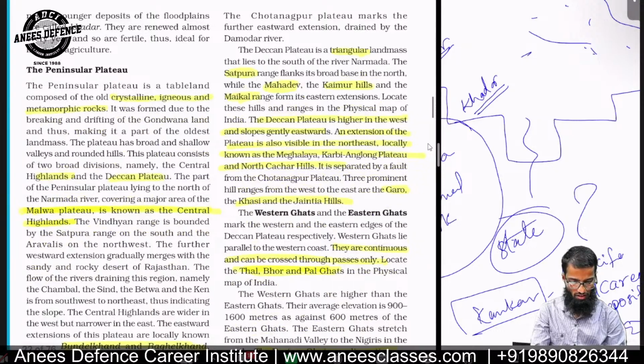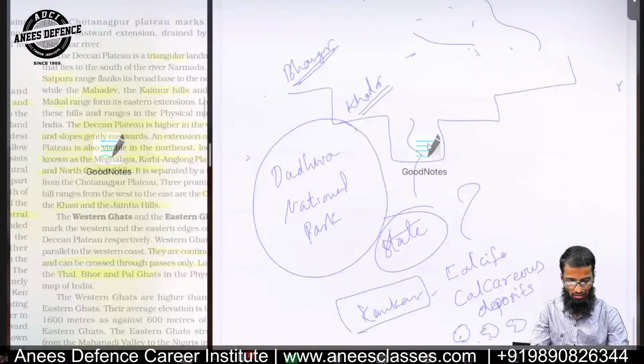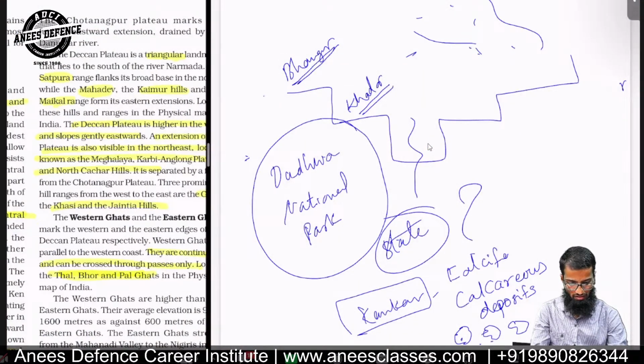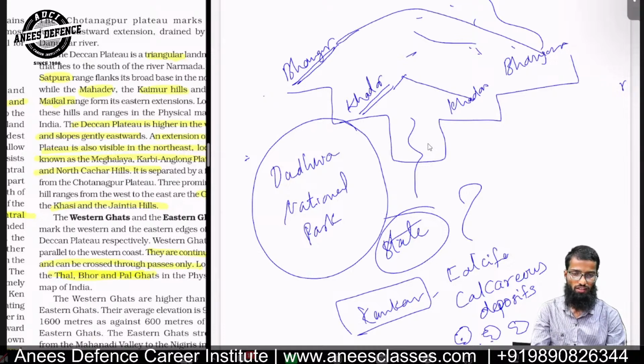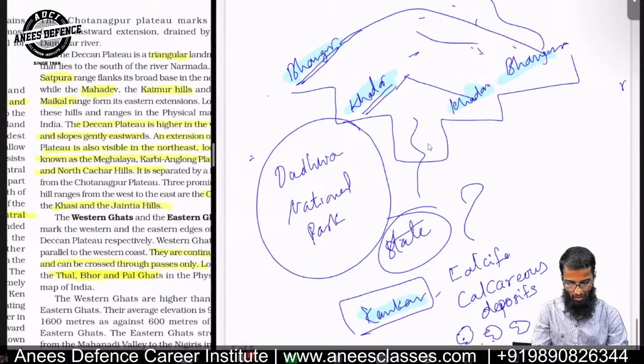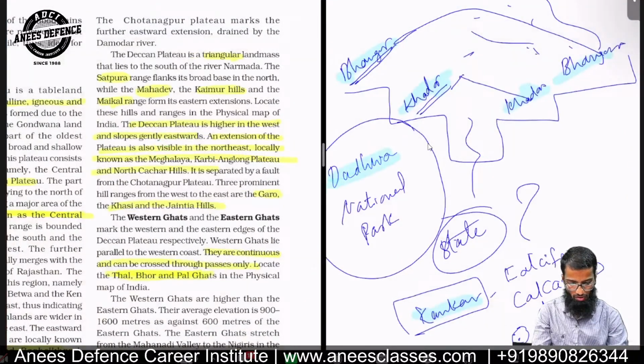And younger deposits are called khadar. This is the khadar. This is khadar. And this is bhangar. I have explained it earlier also, and I am telling you that a question will be asked on this, because a number of times they have asked about the kankar also, and about this Dudhwa National Park of Uttar Pradesh.